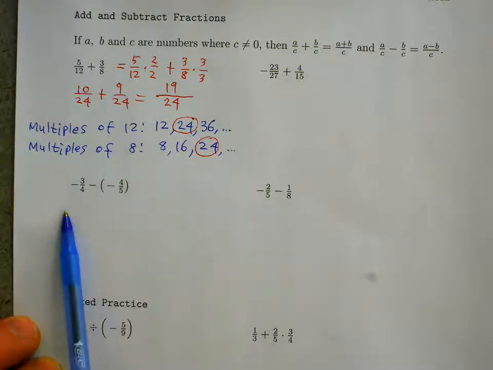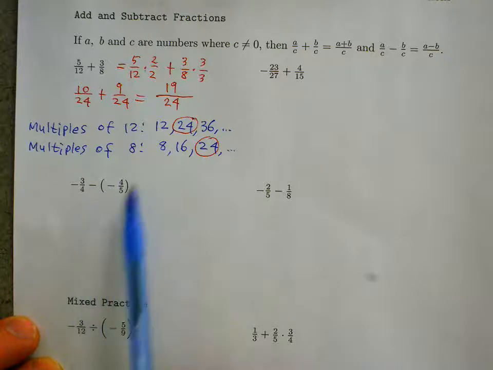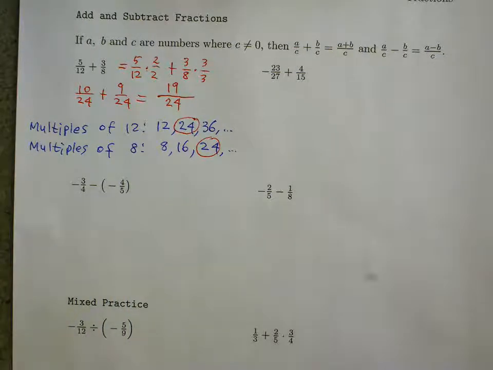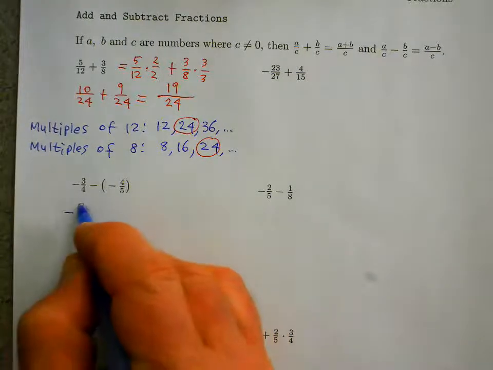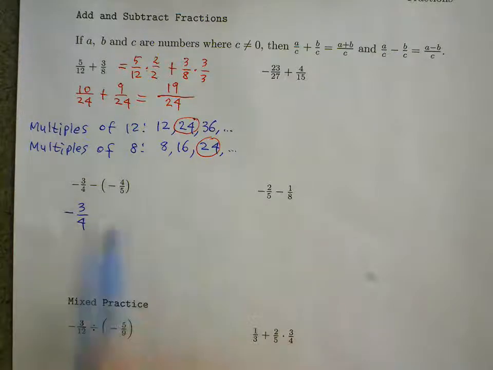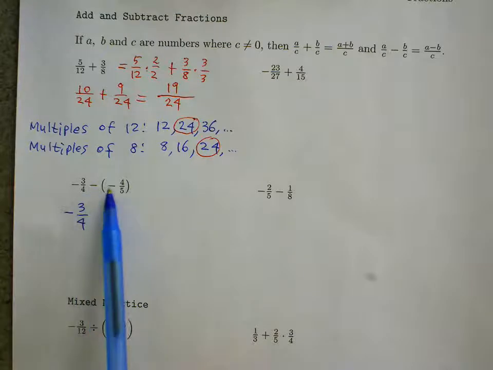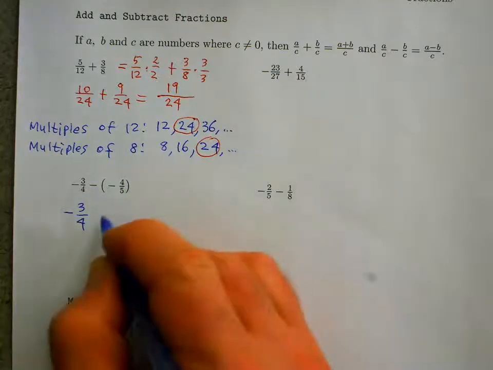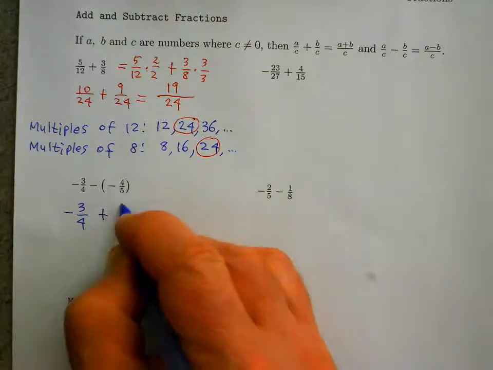We have negative 3/4 minus negative 4/5. First, let's remember what happens when you subtract a negative. So negative 3/4 minus negative 4/5 is equivalent to negative 3/4 plus 4/5.